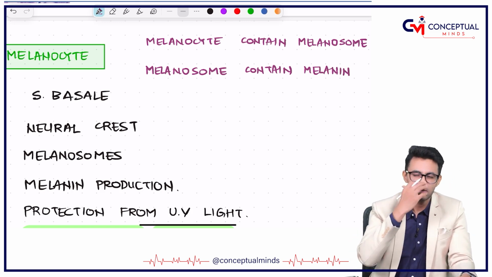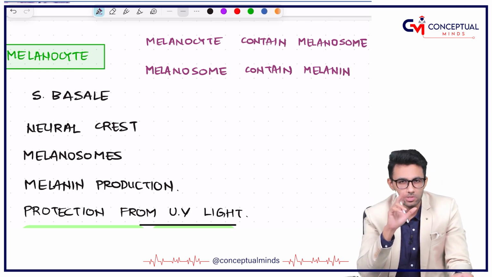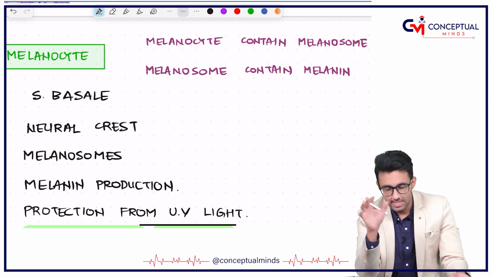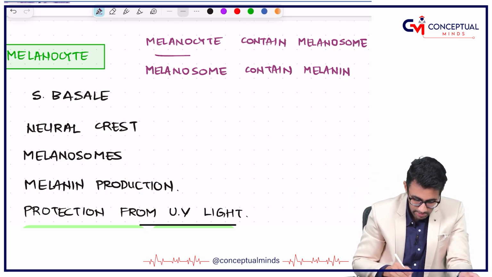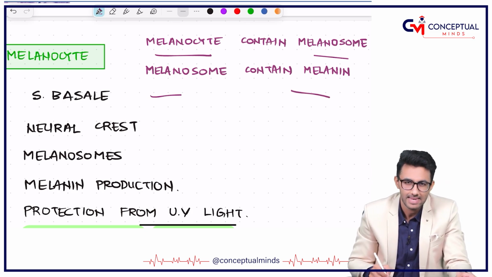The reason I have written this at the very top of our page is because it's a little bit confusing, so it is better we remember it as a whole sentence. So melanocyte contains melanosome and melanosome makes melanin.